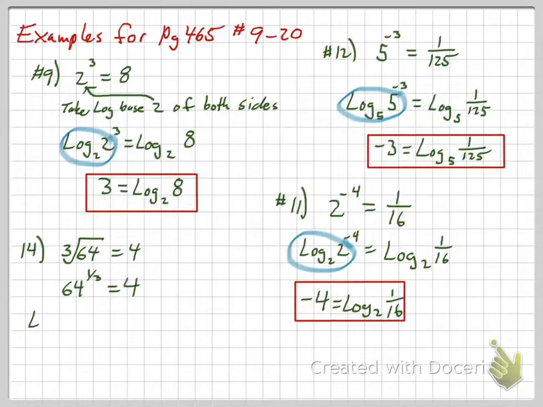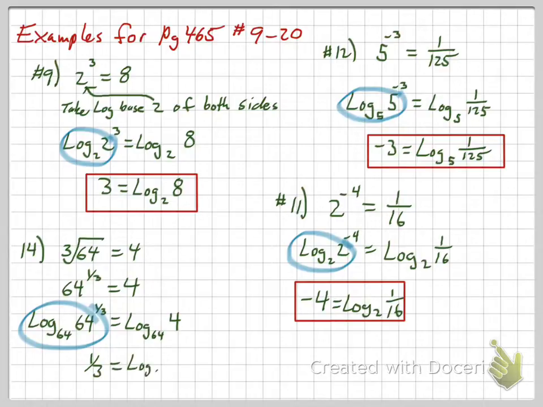So what are we going to do? Our base of our exponential expression is 64. I'm going to take the logarithm of each side, and I'm going to use a log base 64. Do it on one side, do it on the other. On the left side, we're going to have that inverse operation going on again. And this then is going to be my final answer.